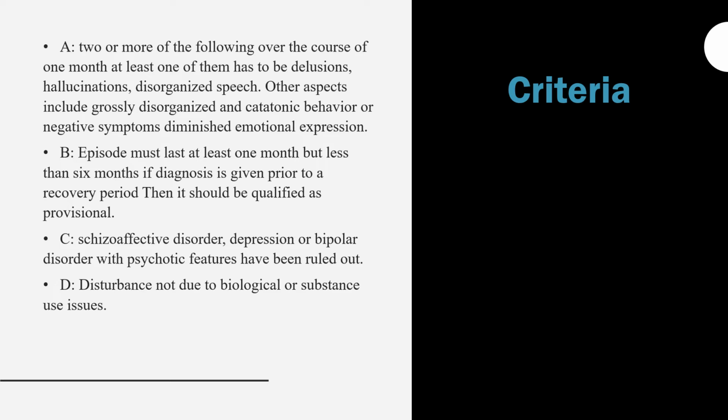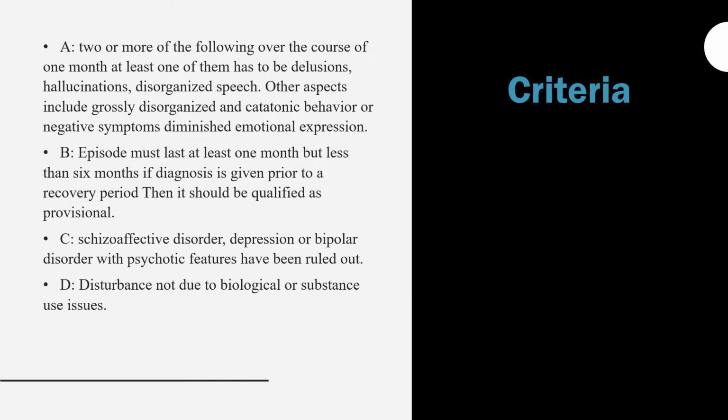Other aspects include grossly disorganized or catatonic behavior, or negative symptoms of diminished emotional expression. You have to have 2 or more of these. Very commonly you're going to find the hallucinations, the delusions, and then something else usually falls into play.